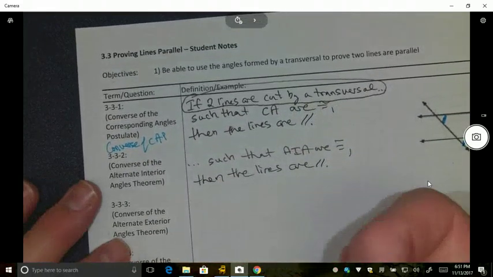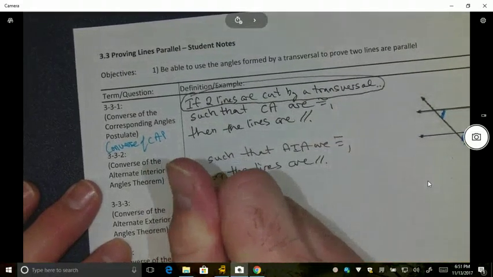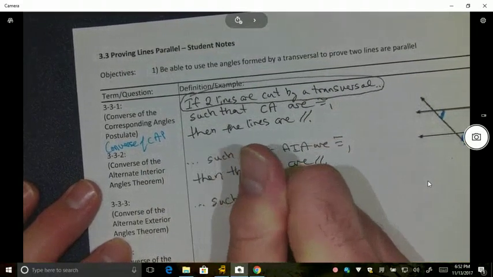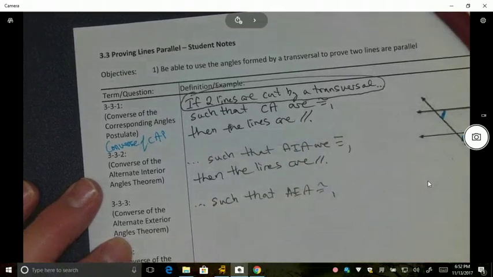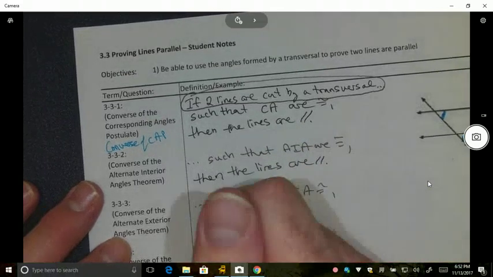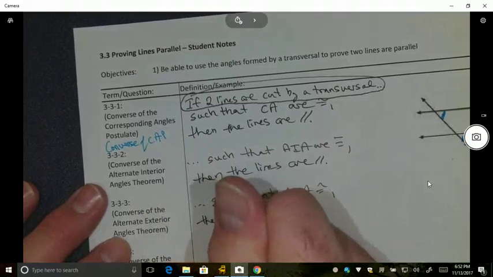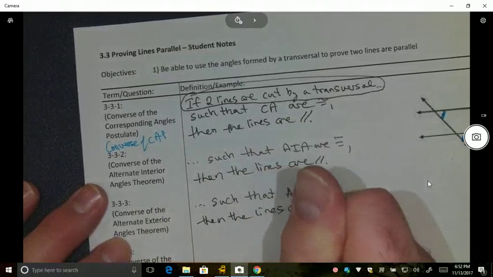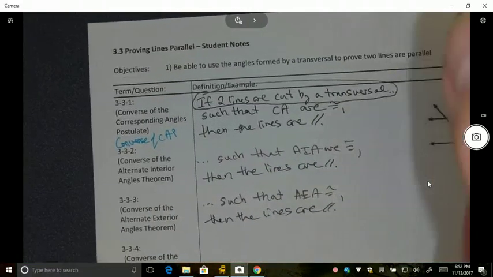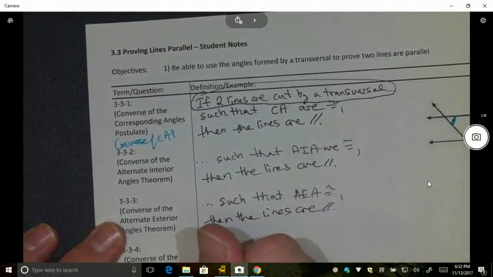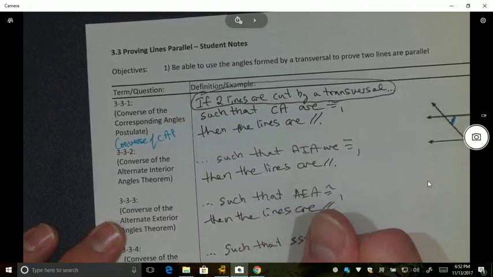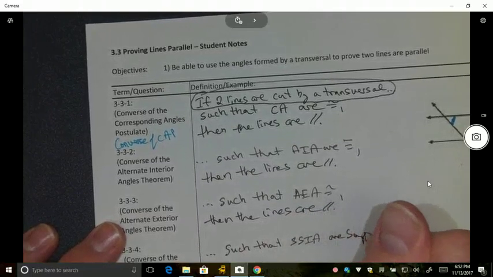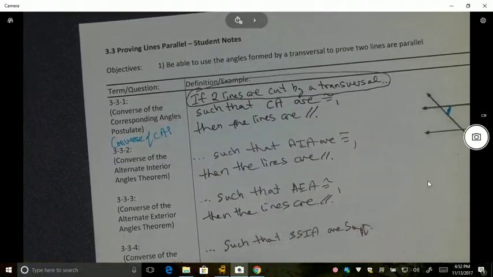In this case, such that alternate exterior angles are congruent, then the lines are parallel. And in the last case, such that same side interior angles are supplementary, then the lines are parallel.